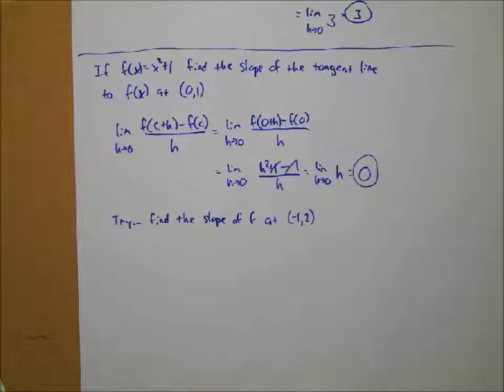You're close here, but f of -1 plus h is -1 plus h squared, but then don't forget there's also a plus 1 at the very end.